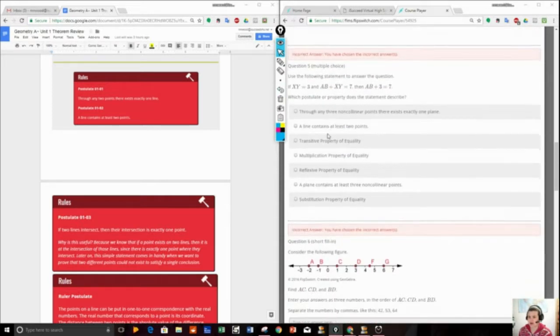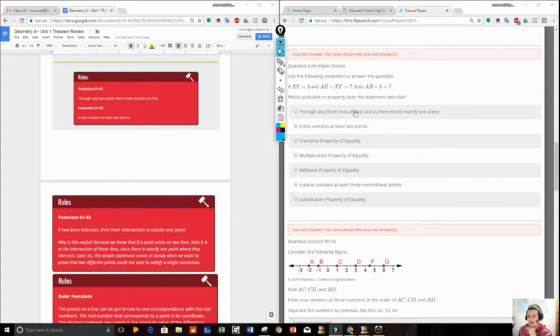Question 5. Use the following statement to answer the question. If xy equals 3 and AB plus xy equals 7, then AB plus 3 equals 7. Which postulate or property does the statement describe?